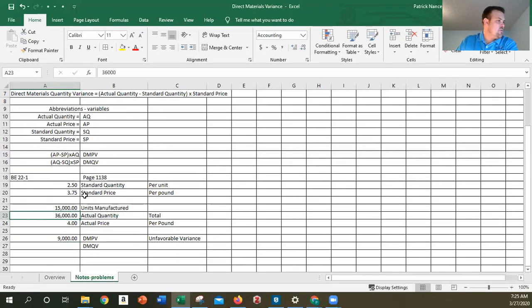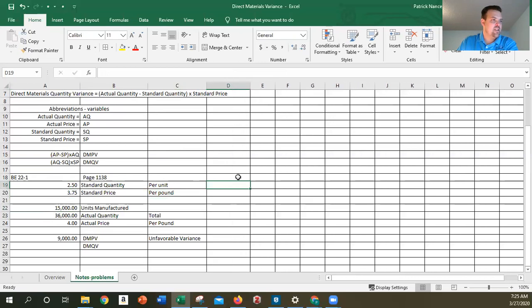But do I have a standard quantity? Well, I have a standard quantity per unit, but I don't have it in total, so I can't just take 2.5 minus 36,000. I need to instead say, okay, 2.5 pounds per unit. I need to know how many units I made.